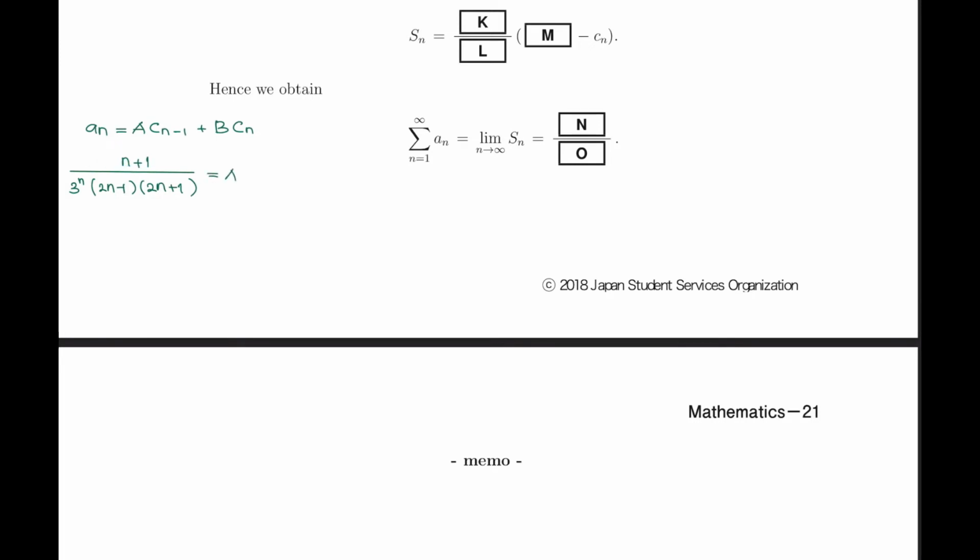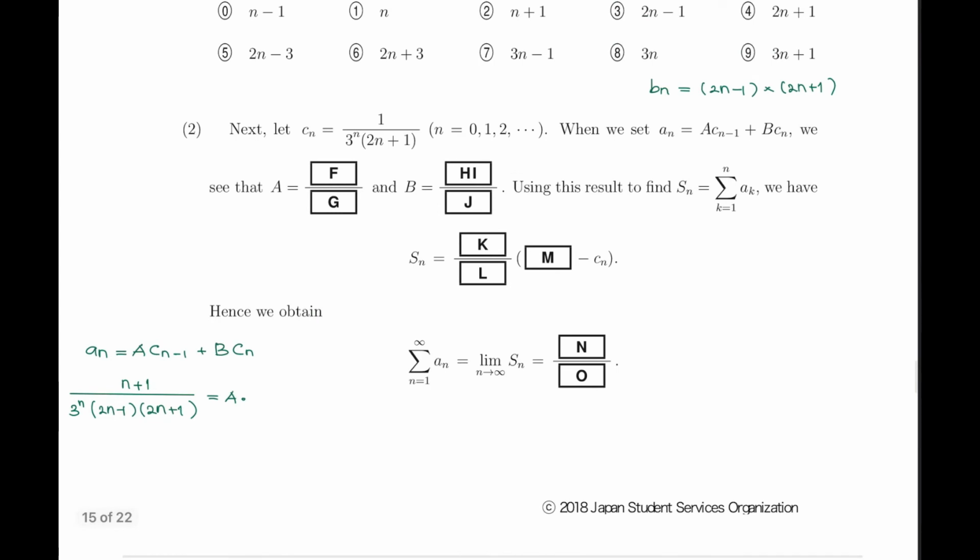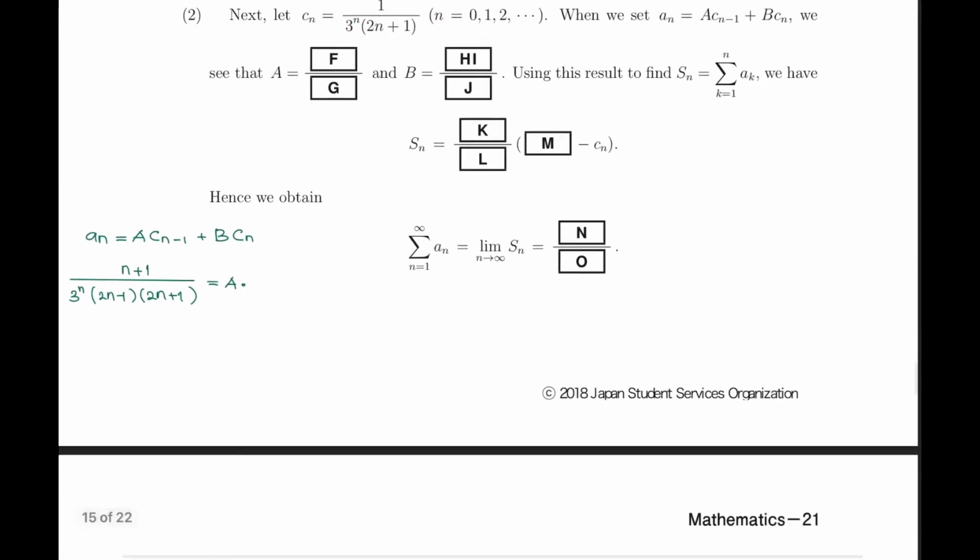An is equal to A times Cn minus 1. They already give us the Cn. So to find Cn minus 1, just substitute n with n minus 1. So it becomes 1 over 3 to the n minus 1 times, if you substitute n by n minus 1, you will get 2n minus 1 plus 1, which is 2n plus 1.